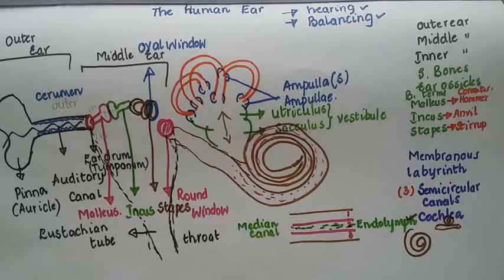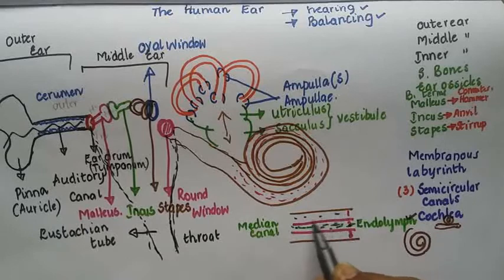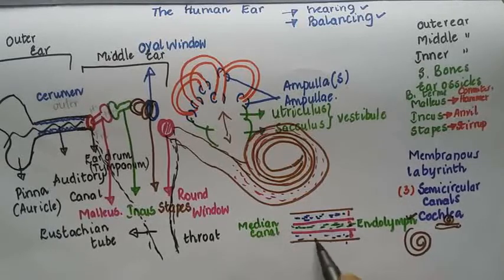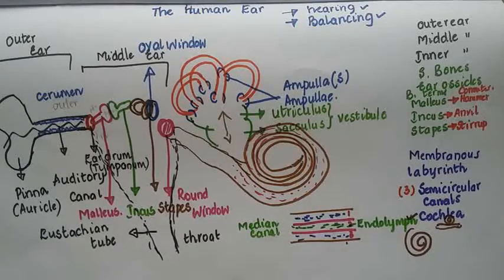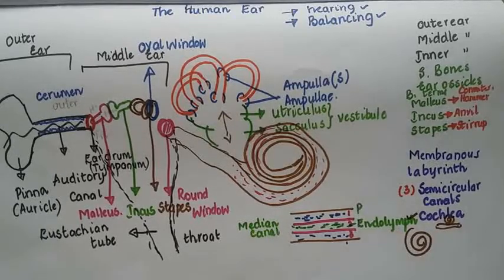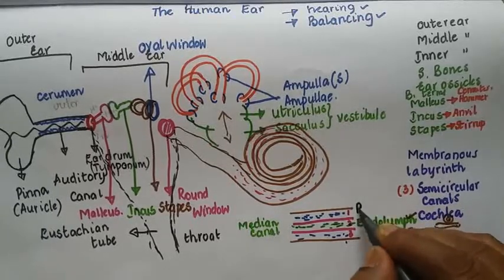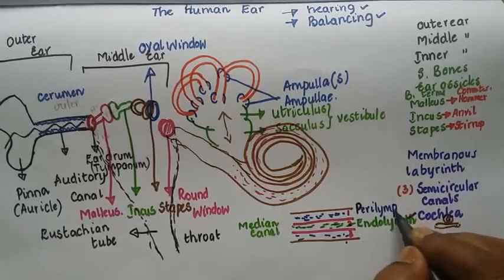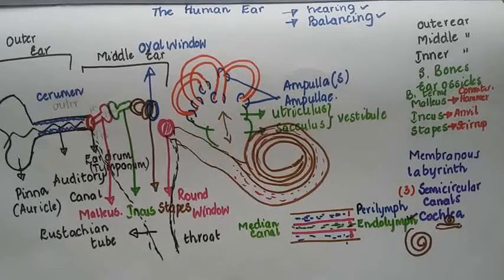In the same way, the other 2 canals which are found on the outer side are filled with the liquid known as perilymph. You can name them the peripheral canals, which are filled with the perilymph.